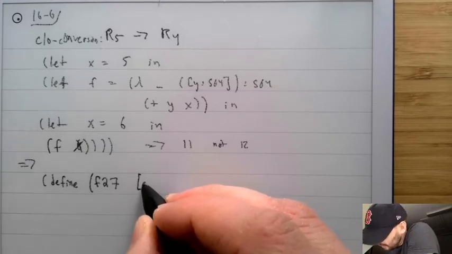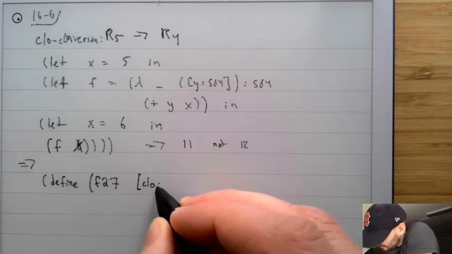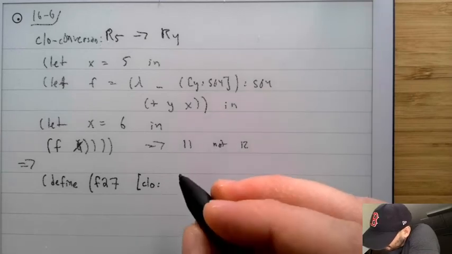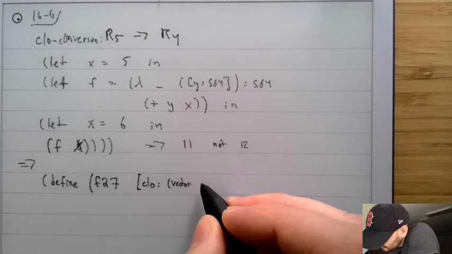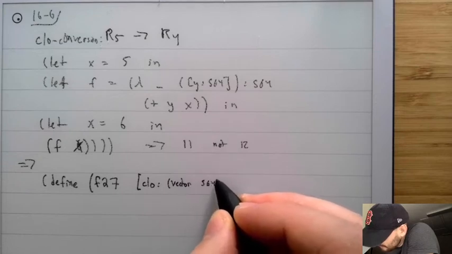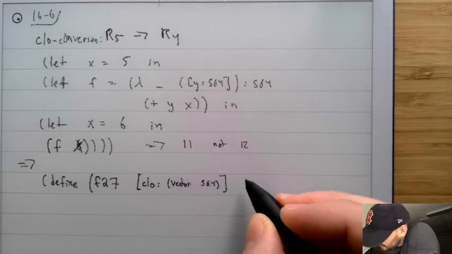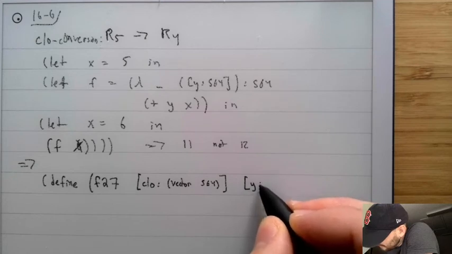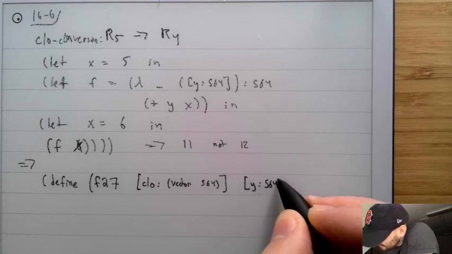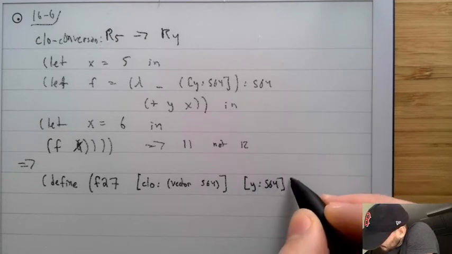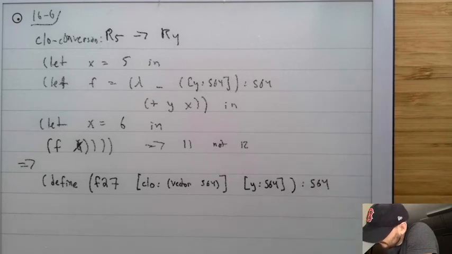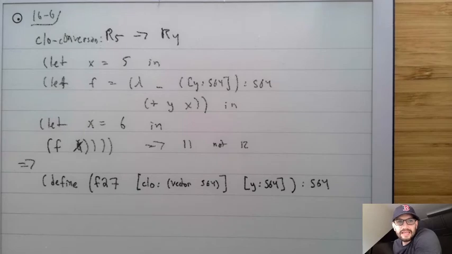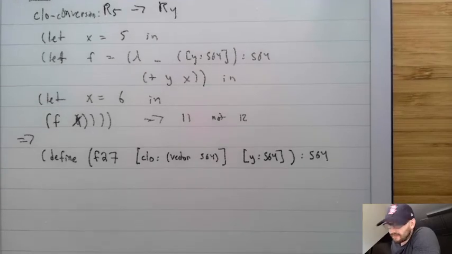The argument clo, where the closure is a vector of S64s, and then it also takes in y, where y is an S64, and then it's going to return an S64, right? And then what does the body of the function look like?